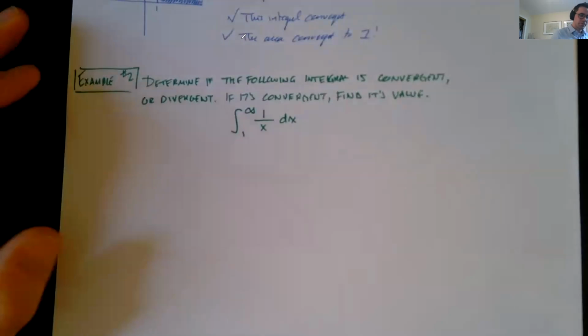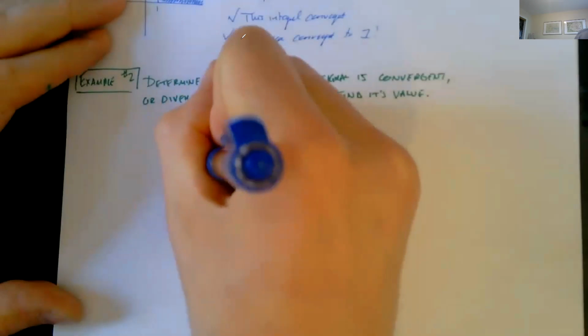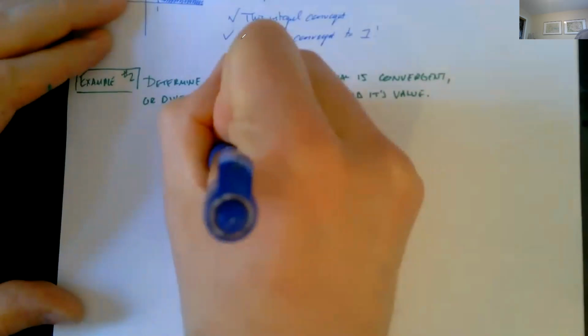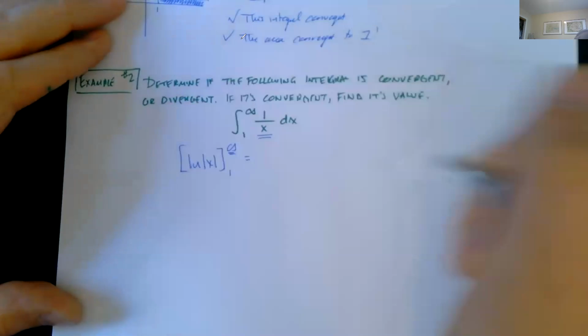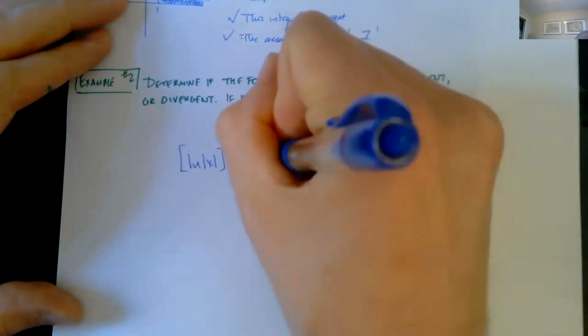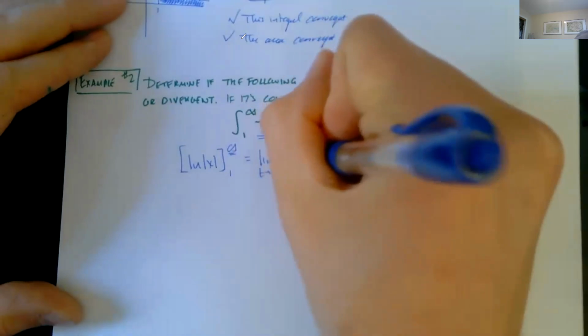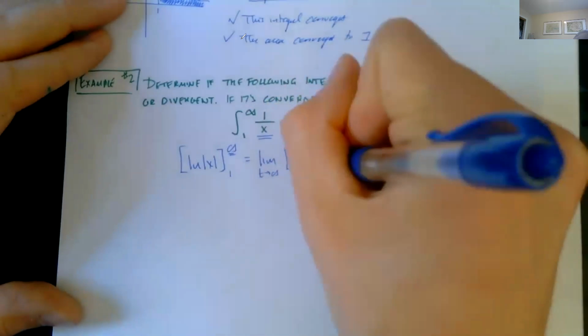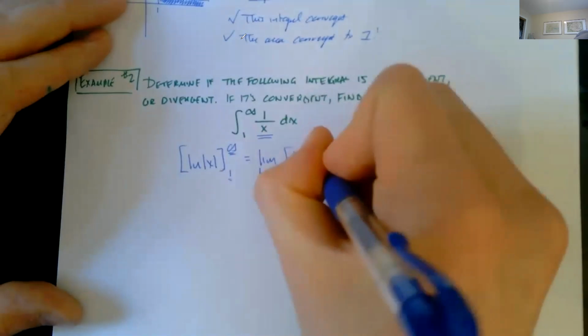And let's get started. Just like I did in the previous one, I'm going to take the antiderivative of my integrand here. We know that's natural log absolute value of x, evaluated from 1 to infinity. And then to handle that infinity, we can rewrite that as the limit as t goes to infinity of ln of x from 1, keeping that finite limit, but then changing this upper limit to t.